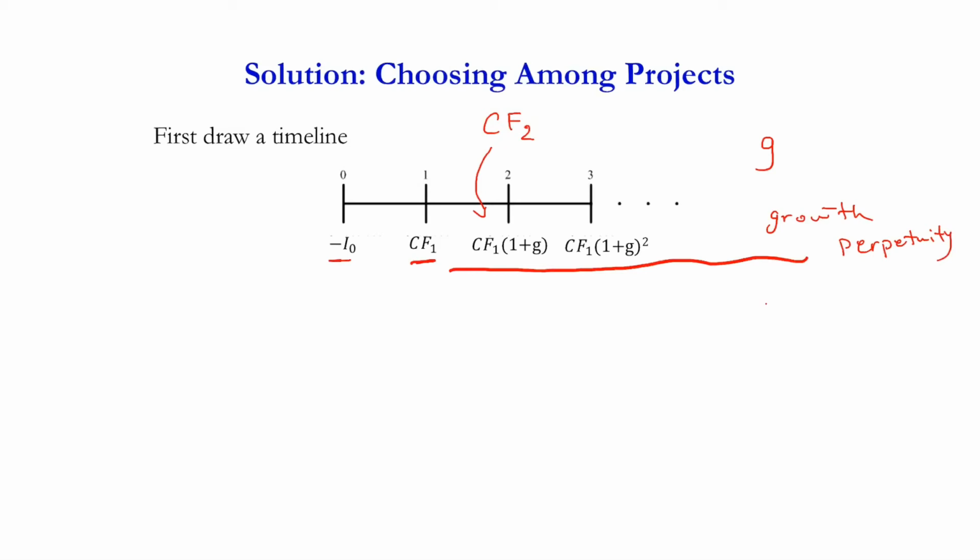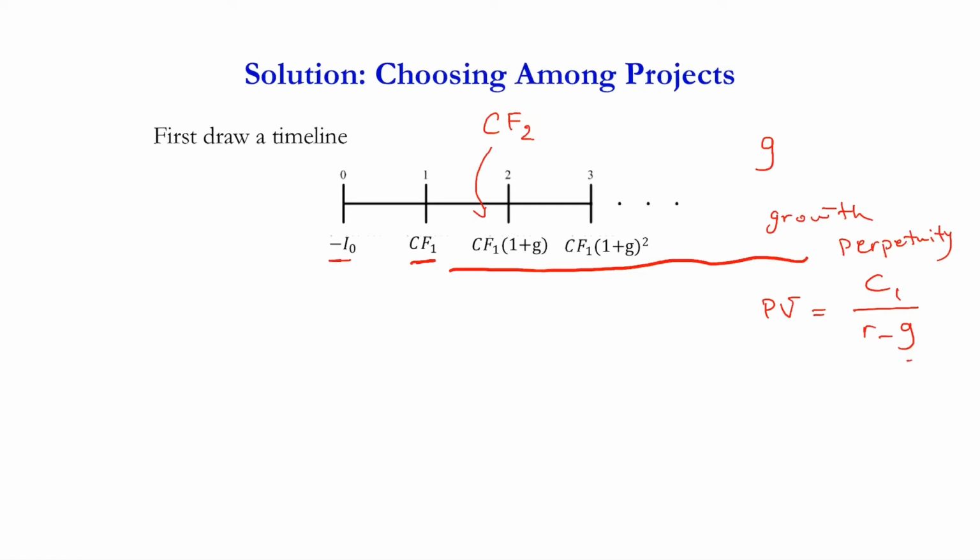The formula, as you remember, is: the present value of a growth perpetuity is the cash flow at time one divided by R minus G. R is the appropriate discount rate, or the cost of capital, minus the growth rate G.